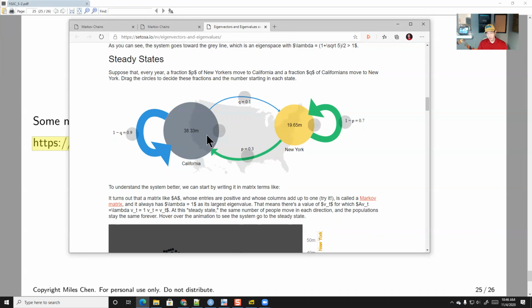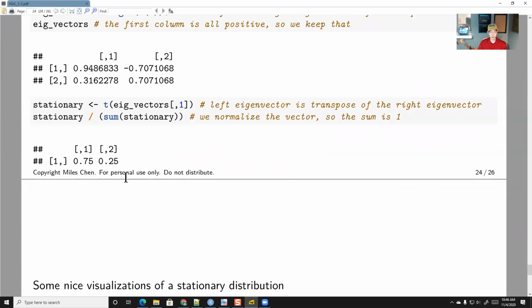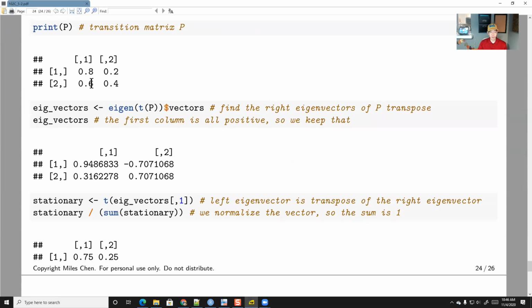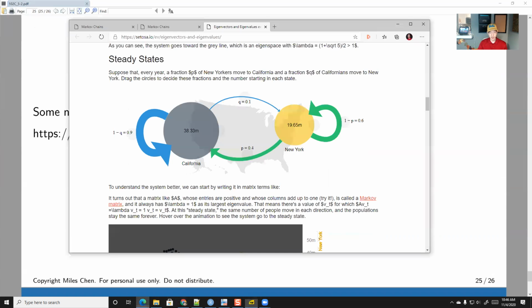So the transition probabilities are a little bit different. Oh, you can put in our numbers. We want 0.6 and 0.2. Oh, this is so exciting. I wasn't able to do this yesterday.